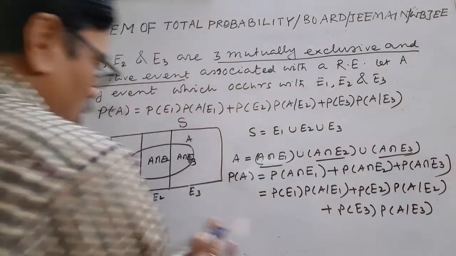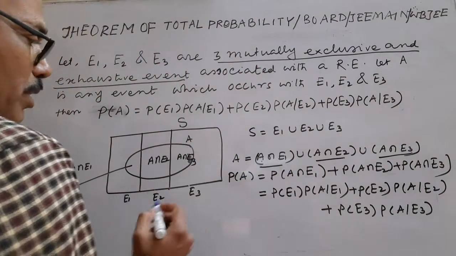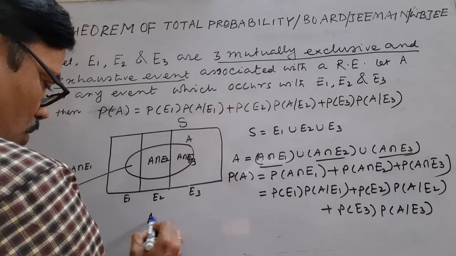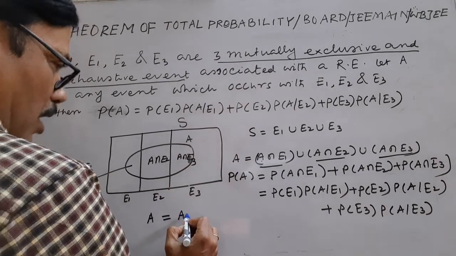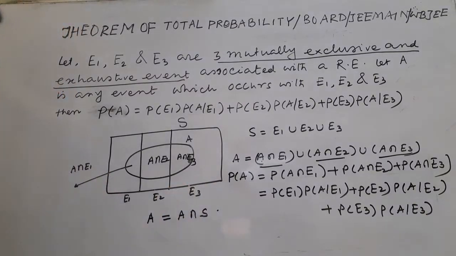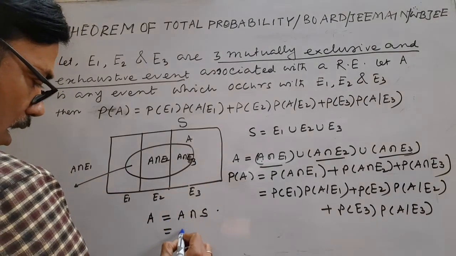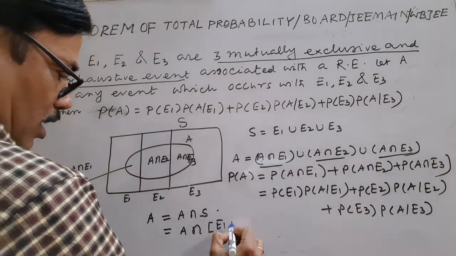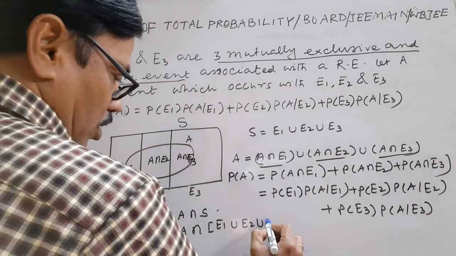Now you can also prove it another way. Look, A equals A intersection S. Now what is S? S is equal to E1 union E2 union E3.